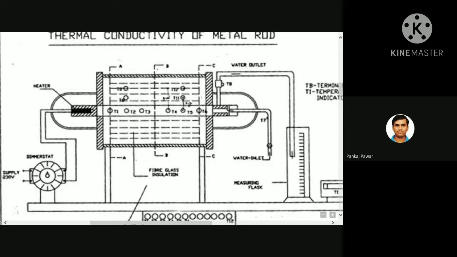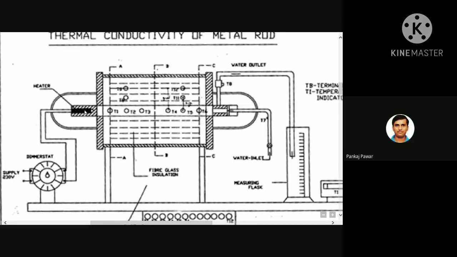On the right side, one jacket is provided, that is the cooling water jacket. So water is passed through that hose surrounding the metal rod, and the heat of that metal rod will be taken away by that water, and that water after heating is collected here in the measuring flask. Okay. So on the left side we have the heater.